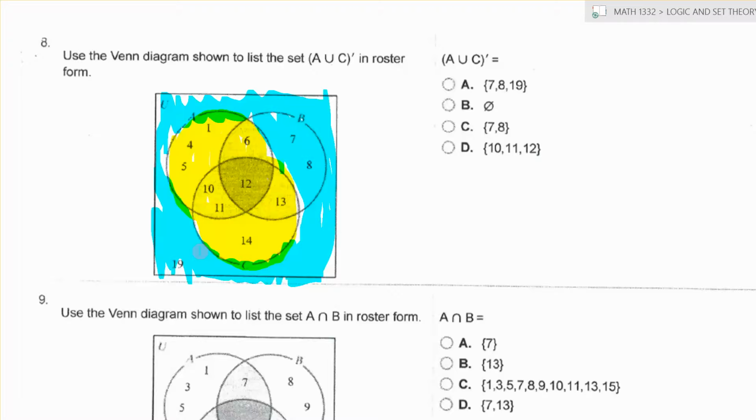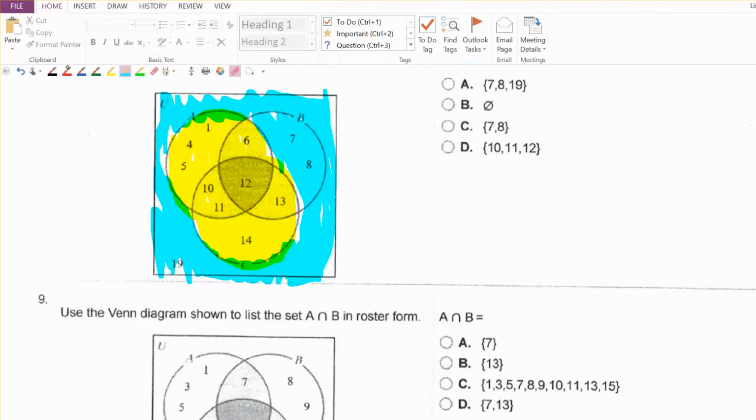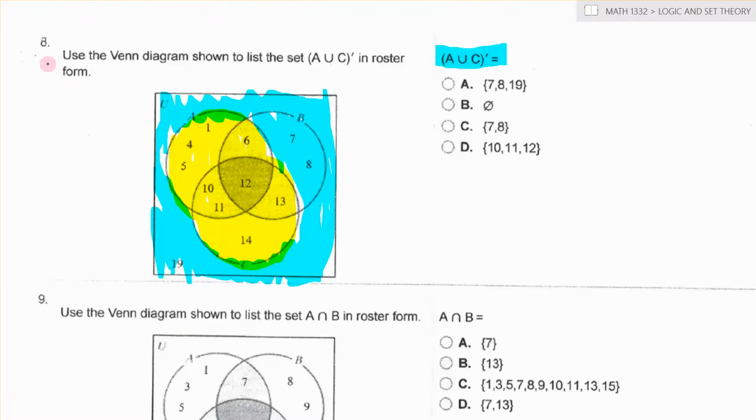So A union C complement is in blue. So it will be 7, 8, and 19. So that is choice A. So it is A union C. When you say complement, then it's everything that's not in that union.